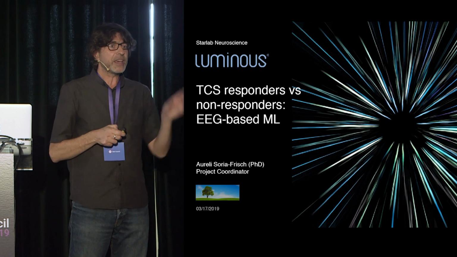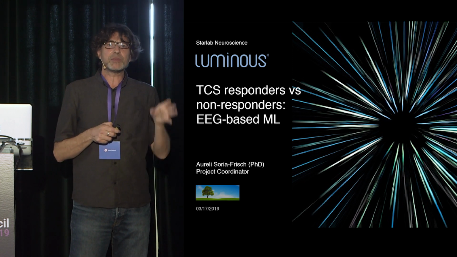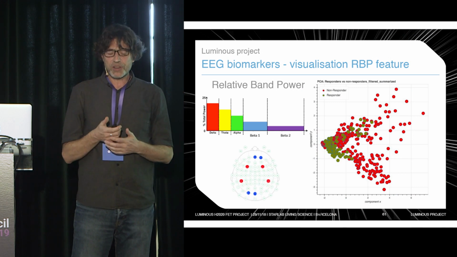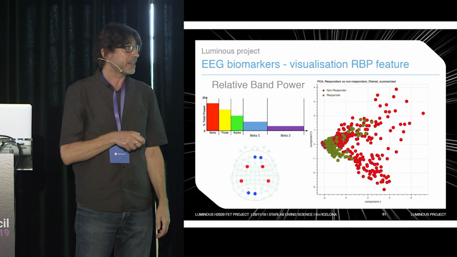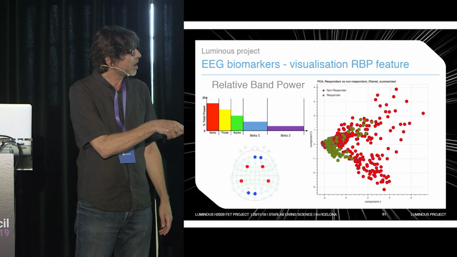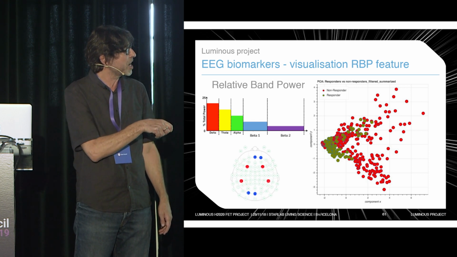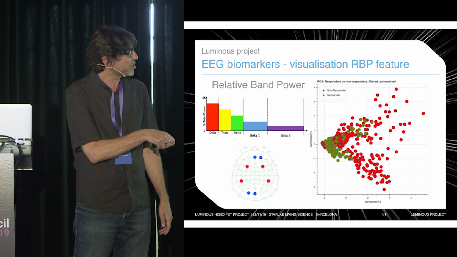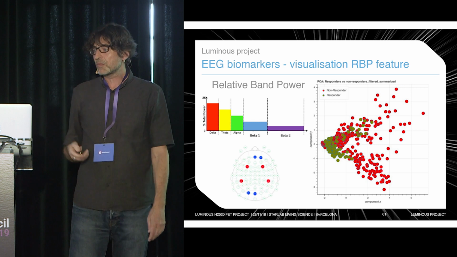Basically, we are taking the EEG, the electrical activity before the treatment, and we are applying the regular machine learning system. So we are splitting again the EEG signals into different frequency bands. You have here a PCA projection of the non-responding, the red class, versus the responding class, which is quite mixed.